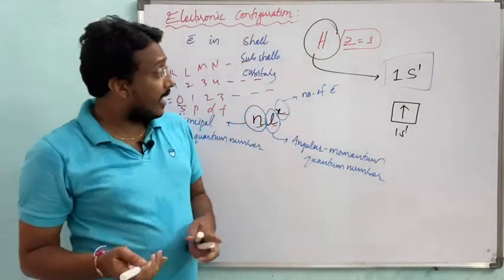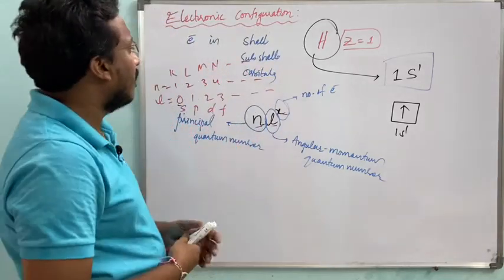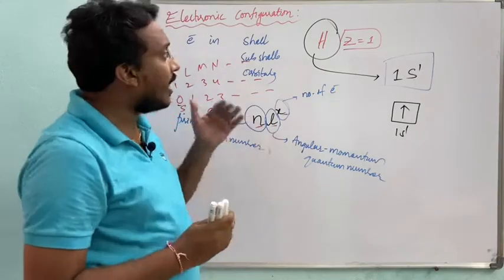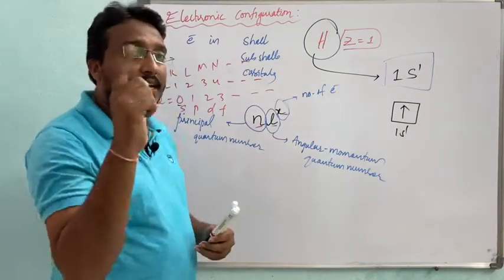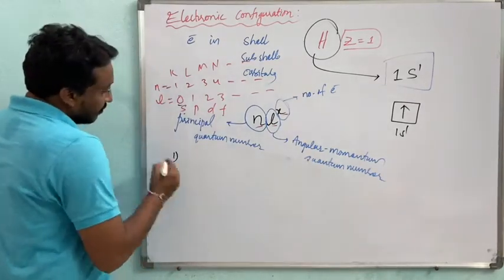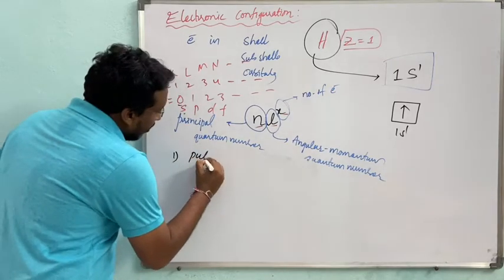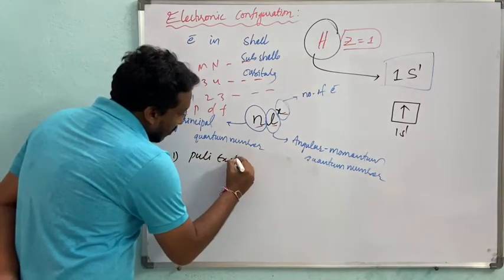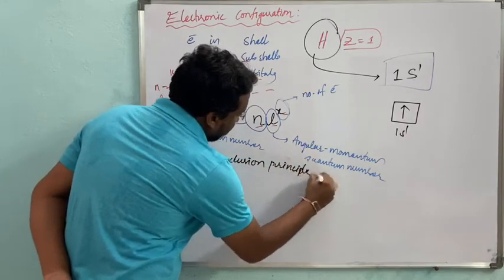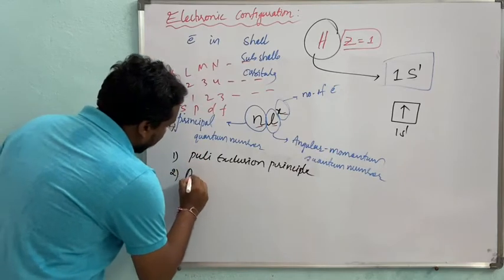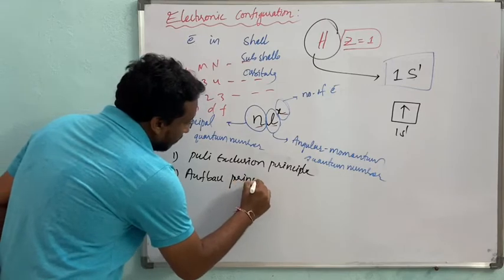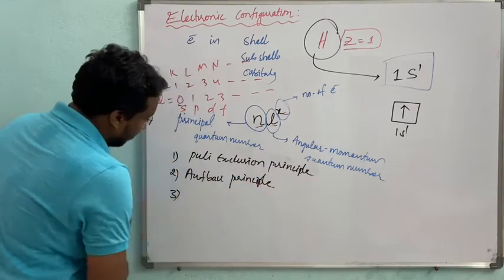Then to write the electronic configuration, we have to know three principles. Those principles are: first, the Pauli exclusion principle, and the Aufbau principle, and Hund's rule.